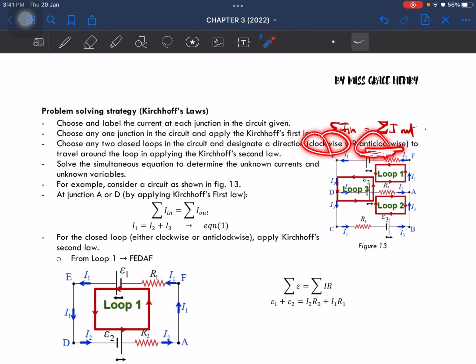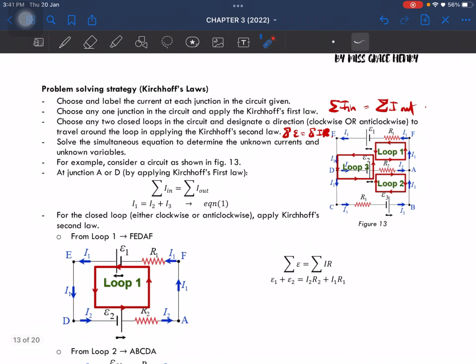You choose either one, and then you apply Kirchhoff's second law. Kirchhoff's second law is what? Summation of EMF equal to the summation of the product of current and resistance. So that is Kirchhoff's second law. After that, you will obtain an equation from here and then from here.